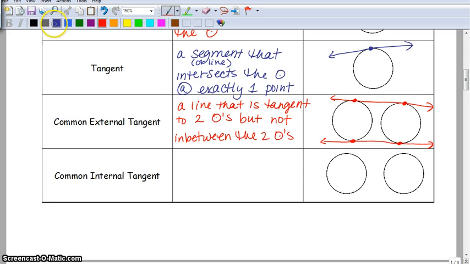Okay? And our last one is a common internal tangent, and that's a line, or a segment or a ray, it doesn't really matter, that is tangent to two circles and is in between the two circles.